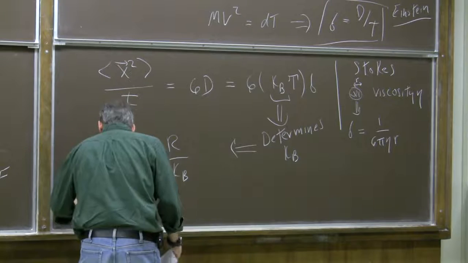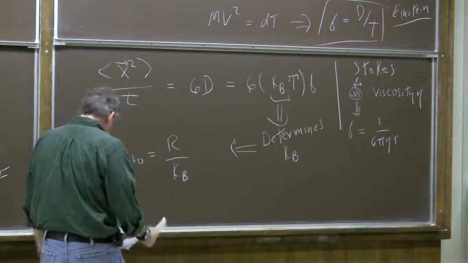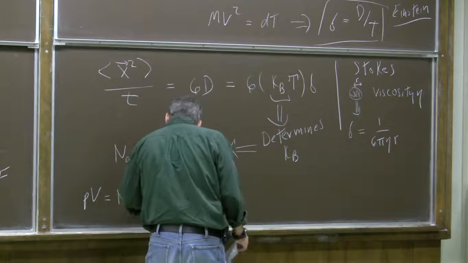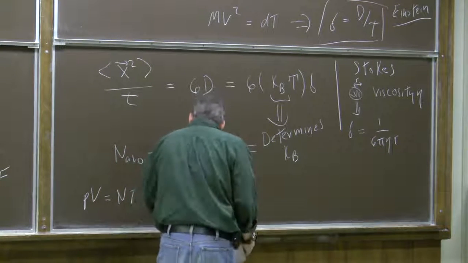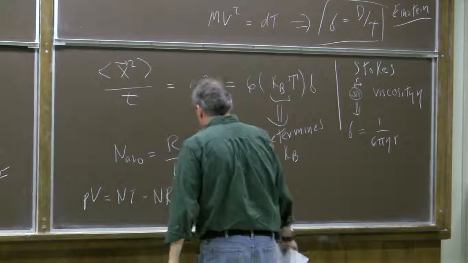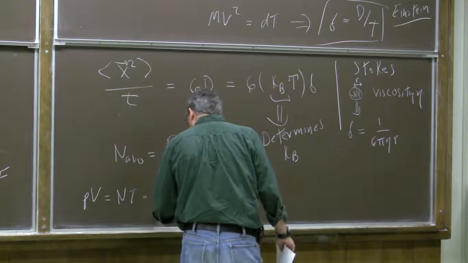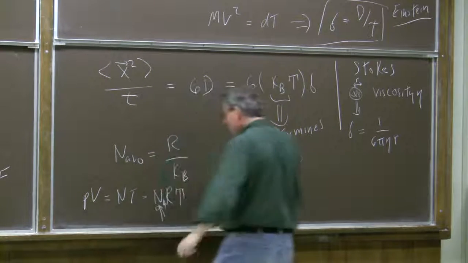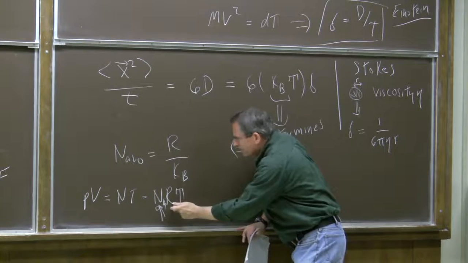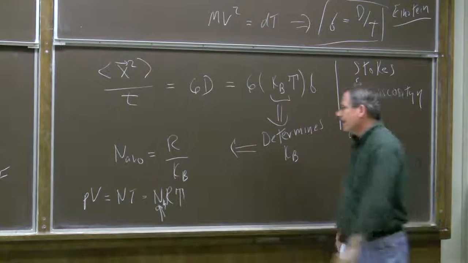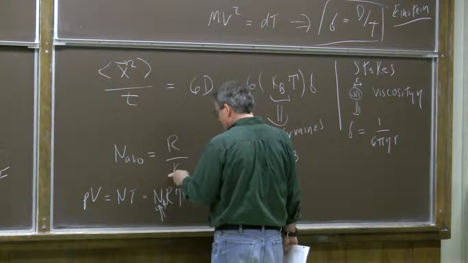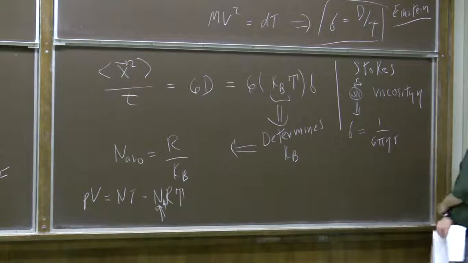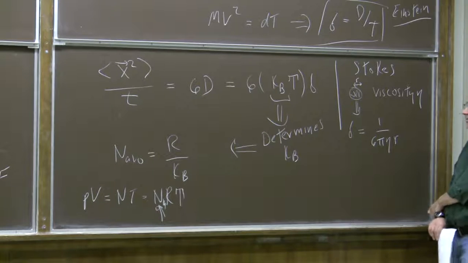If you write pressure times volume not as N tau like we usually do, but as nRT, where now n is the number of particles in moles. Well, the constant R was known, and R is just N, the number of particles in a mole, times Boltzmann's constant. So it determined Boltzmann's constant and hence Avogadro's number.